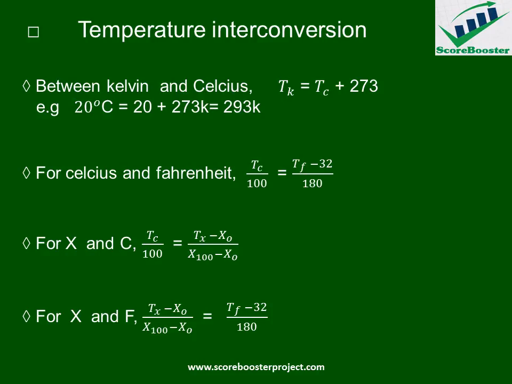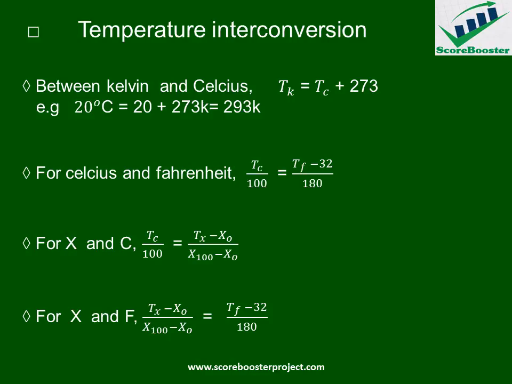Now, having understood the various steam points and ice points of the different temperature scales we have, we also need to consider the temperature interconversion. The first one we shall be considering is between temperature in Kelvin and degrees Celsius.